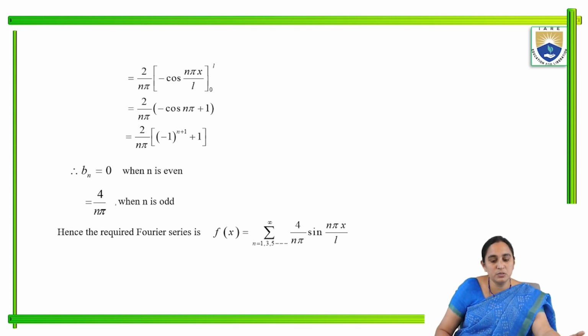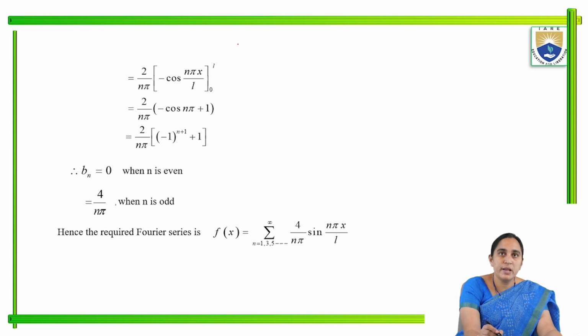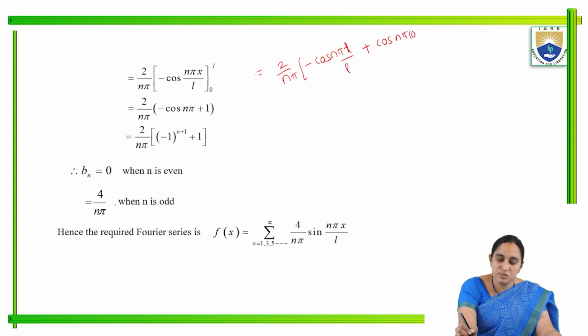After the integration is over, after substituting the limits, we have 2 by n pi into minus cos(n pi x by L), limits 0 to L. Here observe, that is 2 by n pi into minus cos n pi, plus cos of 0.